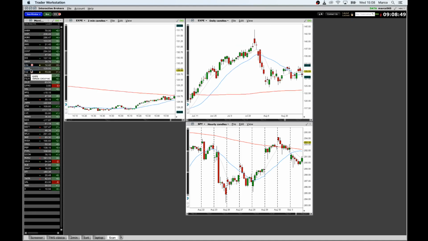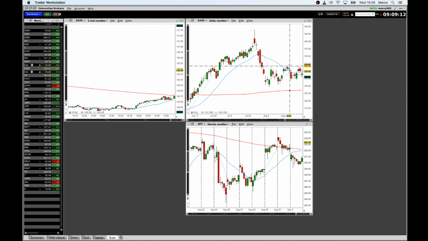Expedia, I like it, but now the spread is quite high. What is that? $4 a spread? Oh, it's crazy. But this one, I really like it because it's close to a 200 period, and here the Fab 4 are narrow, so it's quite good.